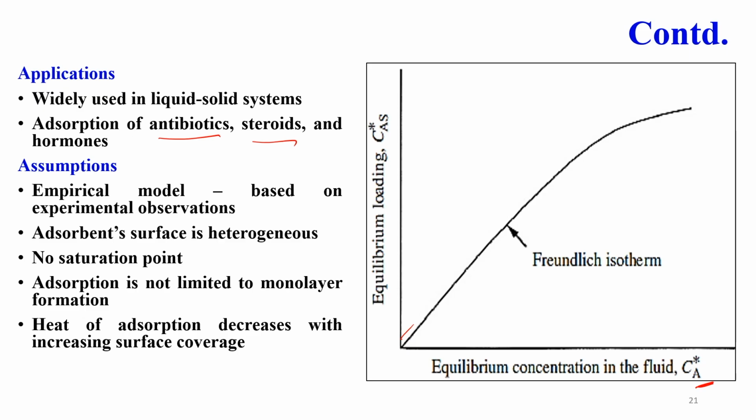This model has been found to fit experimental isotherm data better. Its assumptions: it is an empirical model based on experimental observations, the adsorbent surface is heterogeneous, there is no saturation point, adsorption is not limited to a monolayer and can lead to multilayer adsorption, and the heat of adsorption decreases with increasing surface coverage.